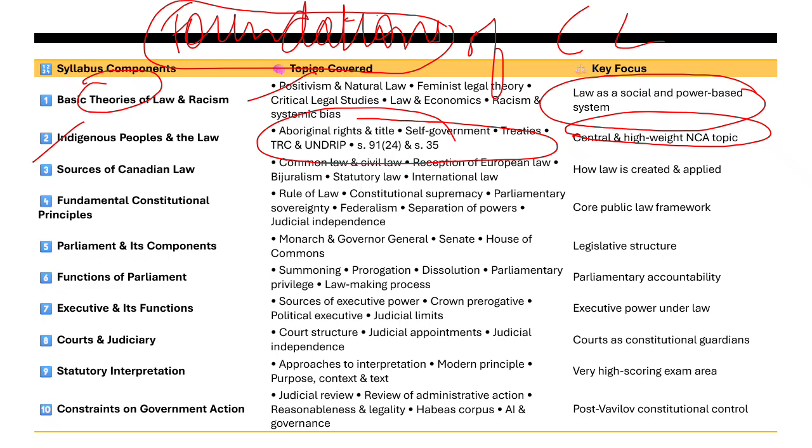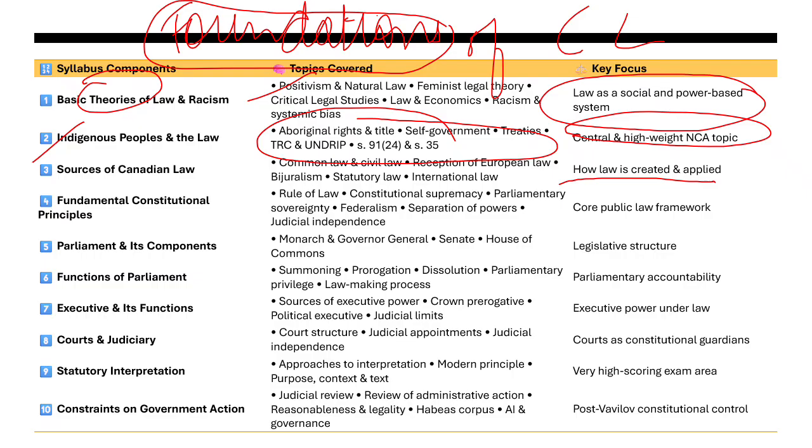Then, where Canadian law has come from. Sources: common law, civil law, what our legislature follows while enacting laws, what our parliament follows. So how law is created and applied. Then fundamental constitutional principles.